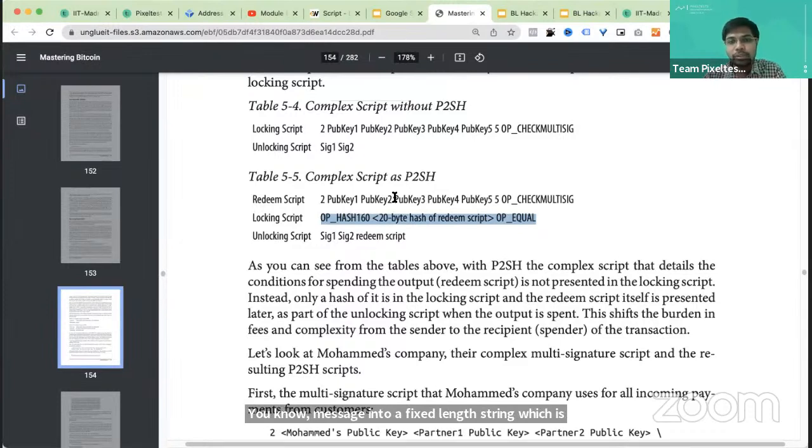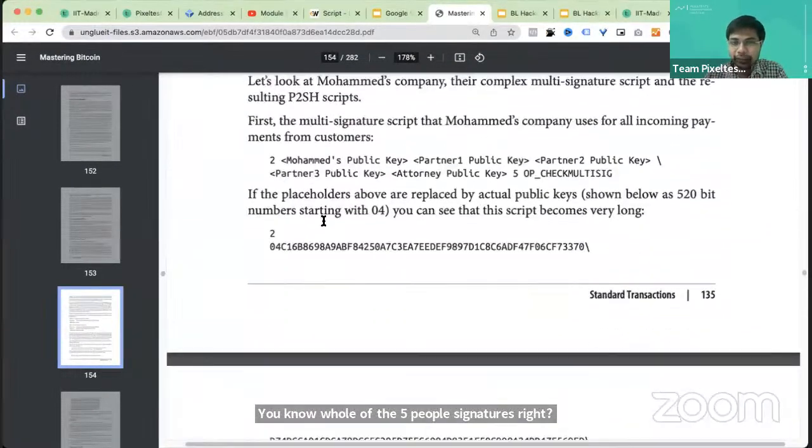So here also, instead of having the 5 people's keys, we are going to use the hash of the whole of the 5 people's signatures, right?